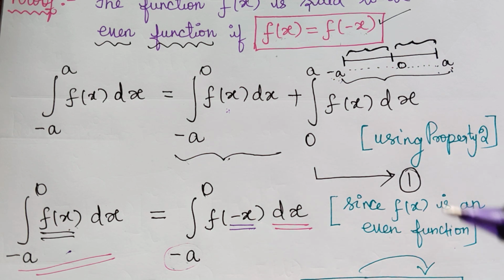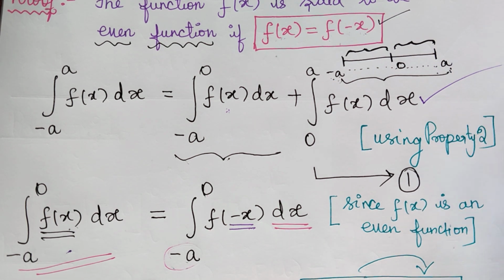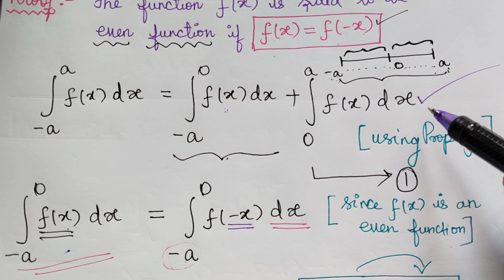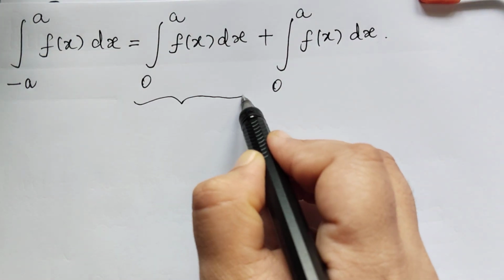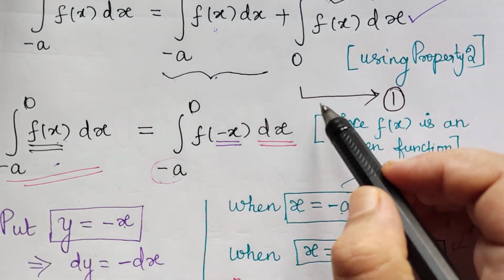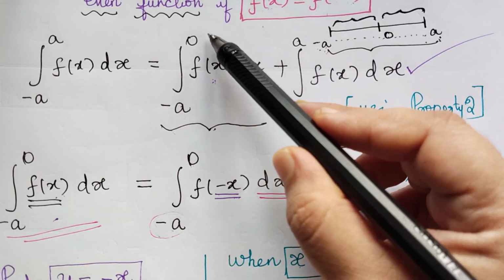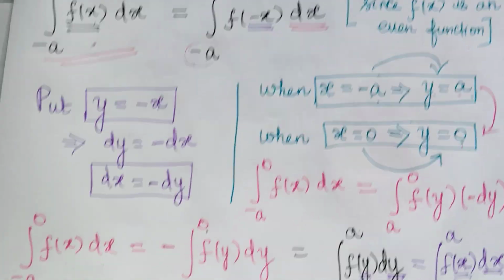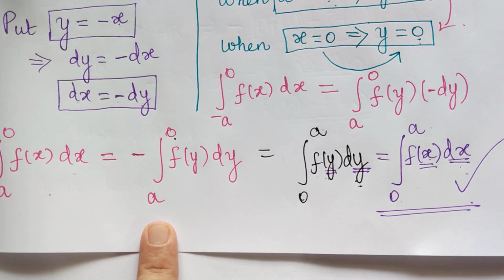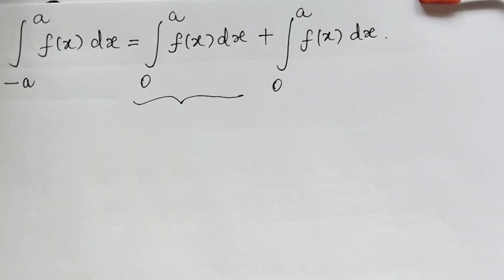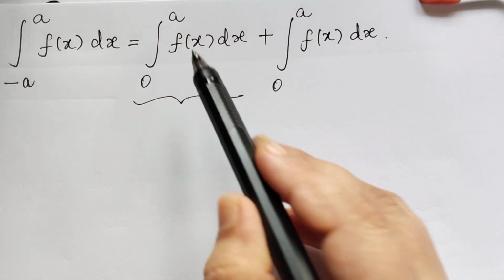Now we will take and substitute this in equation 1. Therefore what we obtain is, on substituting the first integral, it has been changed like this. That is, in equation 1, integral minus a to 0 f of x dx, which has been evaluated as integral 0 to a f of x dx, is substituted.